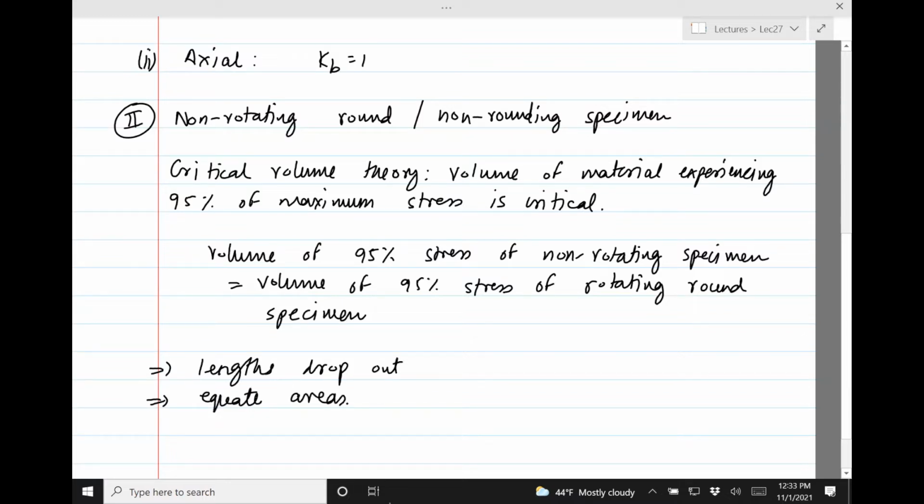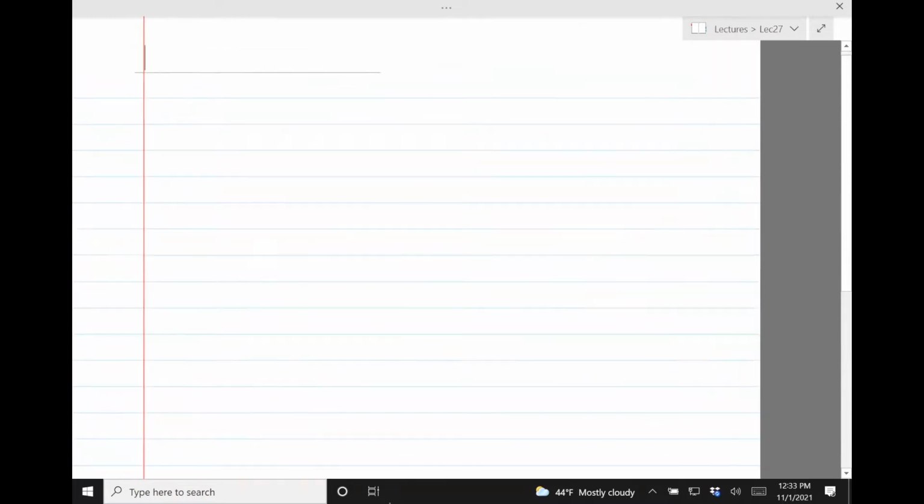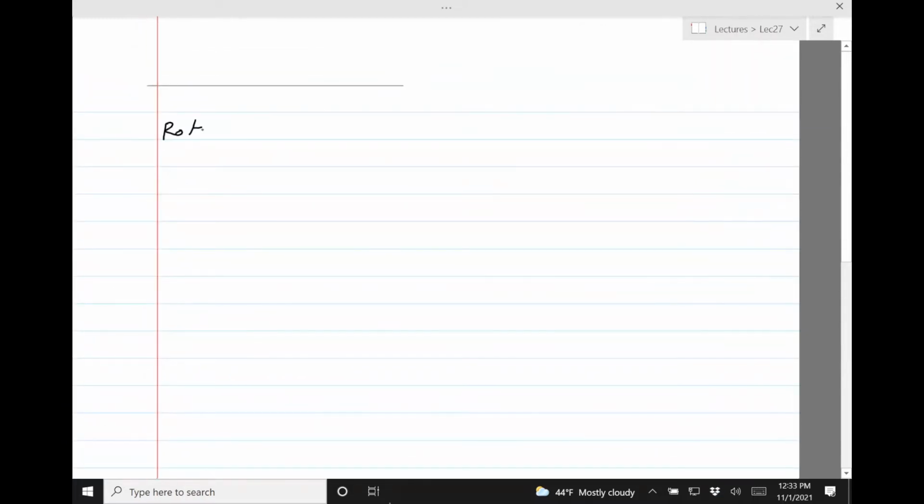Okay, so here is what I mean by this. So let's see, rotating round specimen.